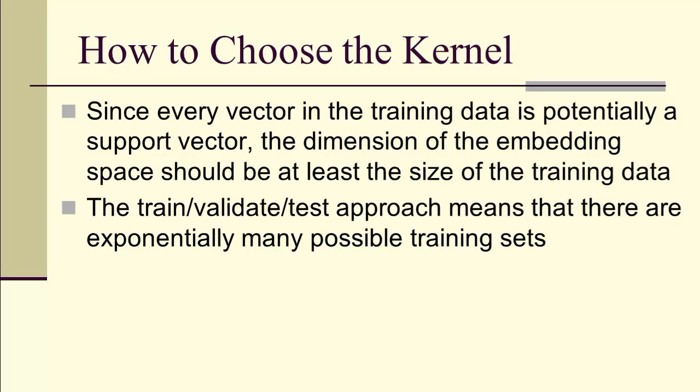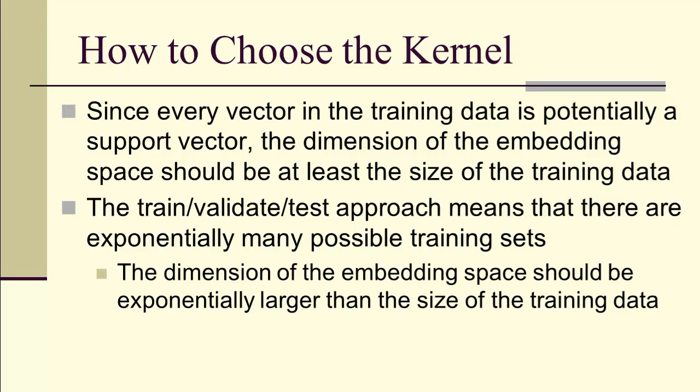So when you first go into a problem, if you don't know how many support vectors there are, then there's possibly some exponential of the size of the training data you want to use, different ways of getting support vectors.